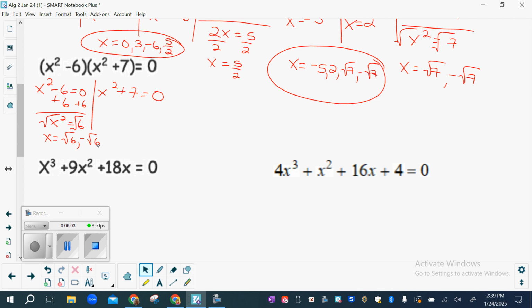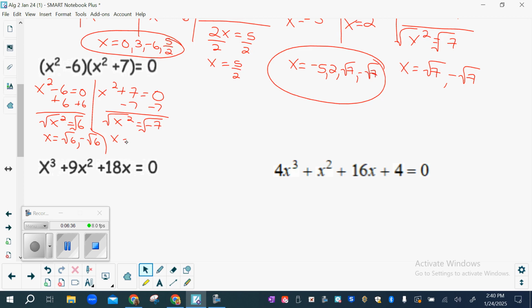So what do we do on this one over here? What's our first step? Minus 7. X squared is negative 7. How do we get rid of that square? You square root it. Yes, we're going to square root both sides. And we get x equals, what do we do when we have a negative inside that square root?